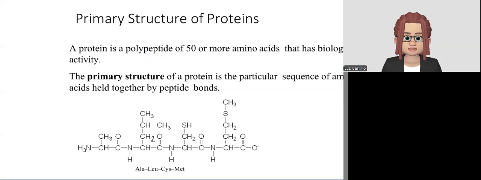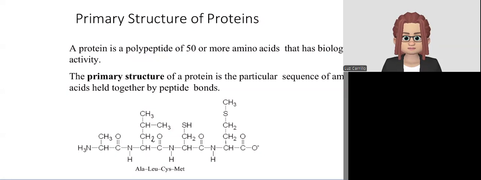So here we have the example of specifically a condensed structure for a peptide of 4 amino acids. Understand that when it comes to amino acids, you need to know the pattern that exists in order to identify the amino acids that are present.